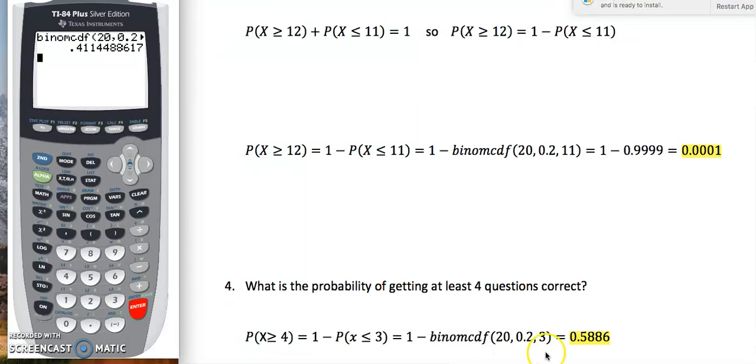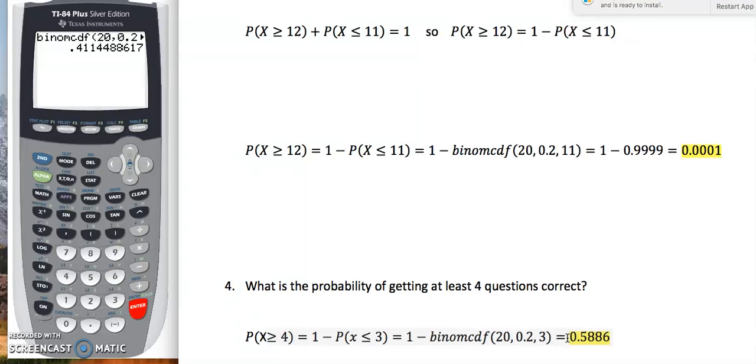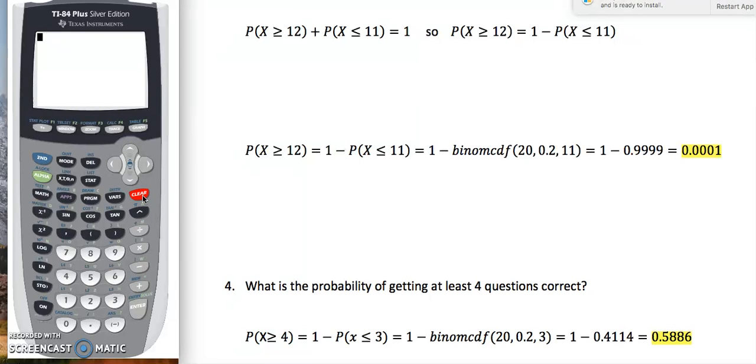And so you end up with 1 minus 0.4114. And when you do that subtraction, you end up with 0.5886.